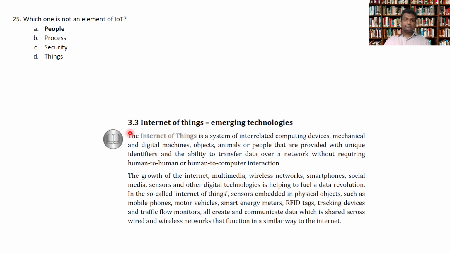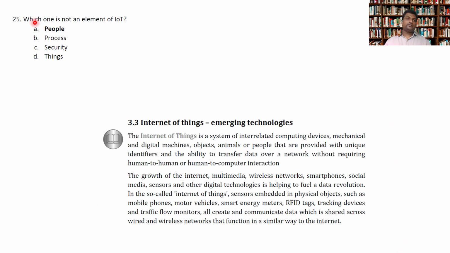Not only web pages and files and video and media, now the internet has all these things connected. Your refrigerator, your washing machine, your house door lock, or your car can be connected to the internet now, right? When the internet has all these elements or things connected to it, this can be termed as Internet of Things, right?